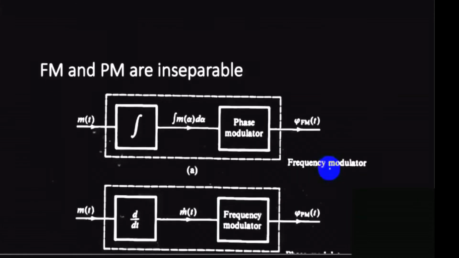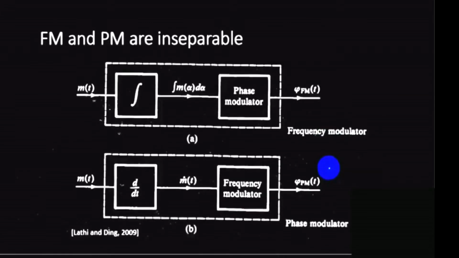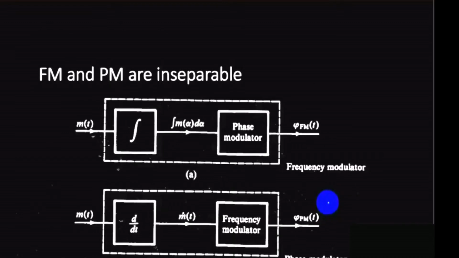Both frequency modulation and phase modulation are inseparable. So you could use a phase modulator to transmit a frequency modulated signal. I would repeat, you can use a phase modulator together with an integral block to eventually generate a frequency modulated signal.